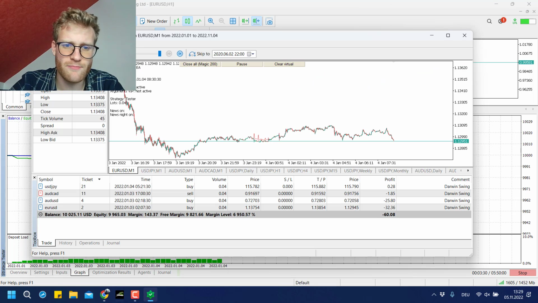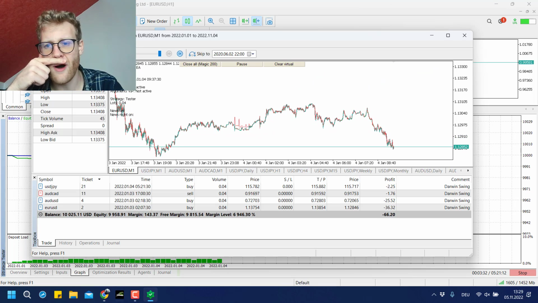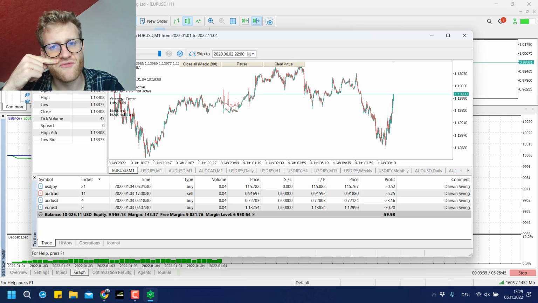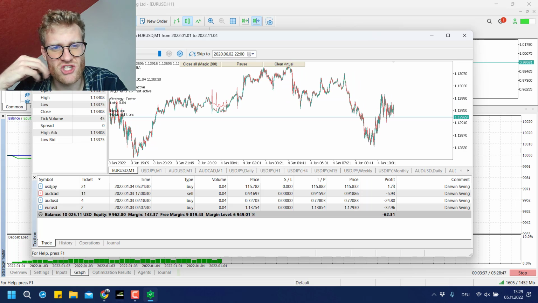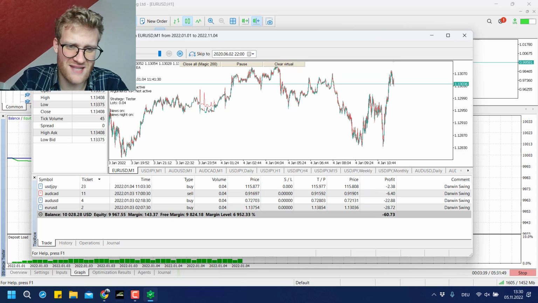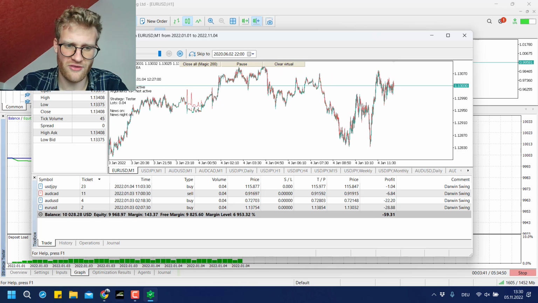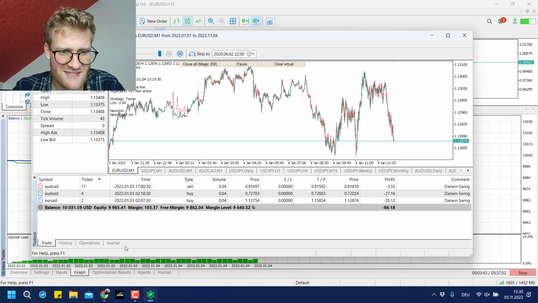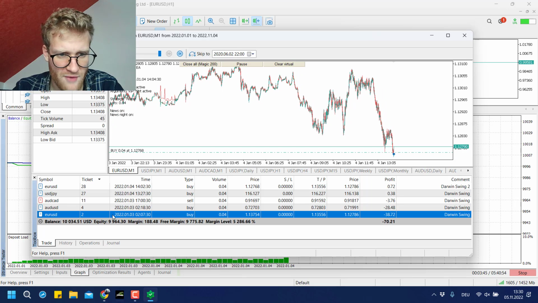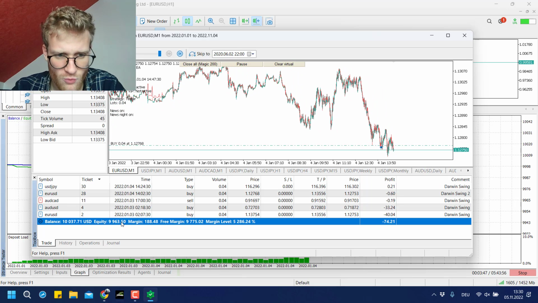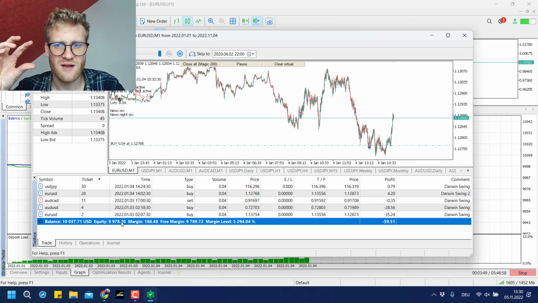So the more symbols you use, the more efficient the strategy gets, I believe, if this is the idea of the seller or the programmer. But you can see right now, if we have a look here, we did a lot of trades, but we are not profitable right now.